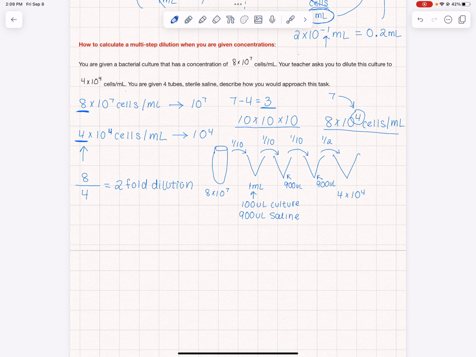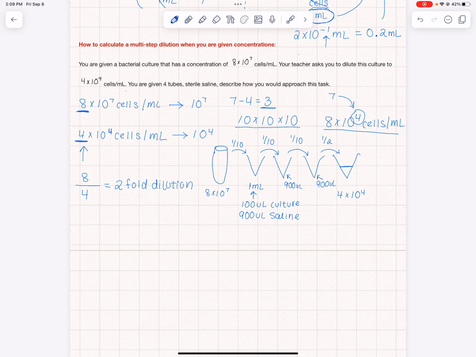But now we're stuck with a new problem, which is, how do we do a 1 to 2 dilution? Well, essentially that would mean that we're taking a tube, and this new tube, when we're all said and done, will have half of it being our liquid from our previous tube, and half of it would be new sterile saline.